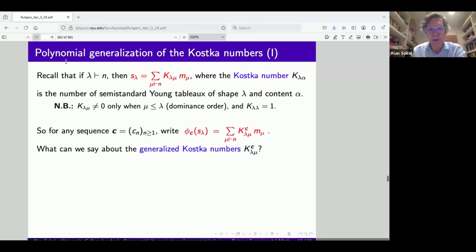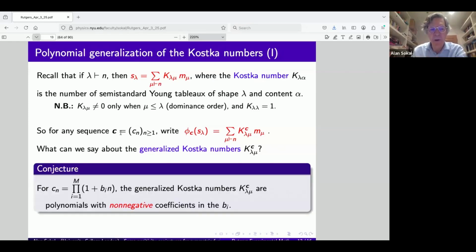Okay, so for any sequence of C's, what I'm going to do is, instead of looking at S_lambda and expanding it in monomial symmetric functions, I will look at the image of S_lambda under my homomorphism, or under Richard Stanley's homomorphism, and I will call those the generalized Kostka numbers for sequence C. And I want to know, what can we say about them?